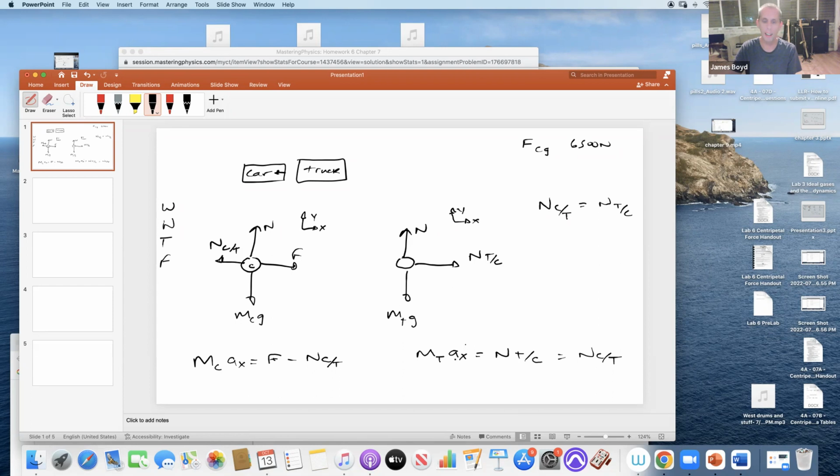If we add these two equations together, we get the mass of the car plus the mass of the truck times a_x equal to F minus N_c on t plus N_t on c, but these two things are a third law pair, which means they cancel. So we're trying to find a_x so that we can put it in here and get what we want.